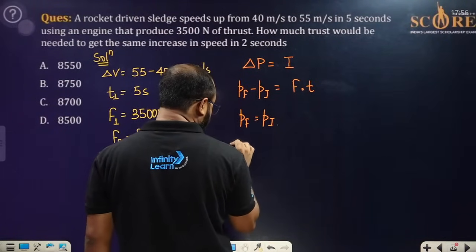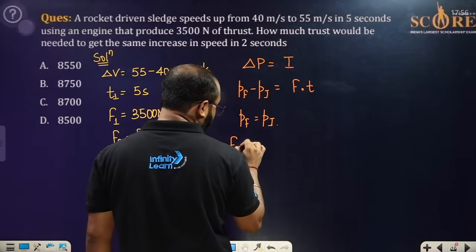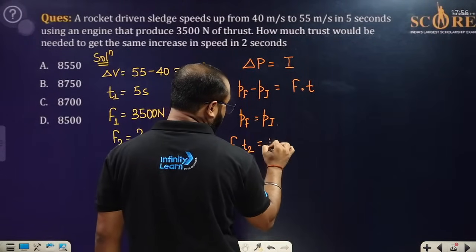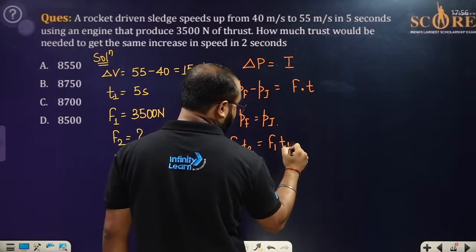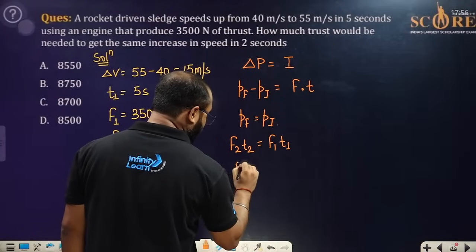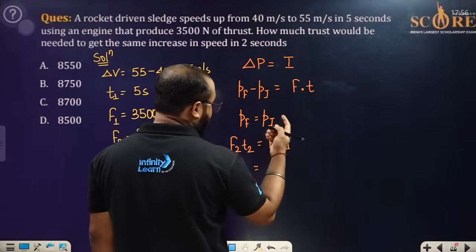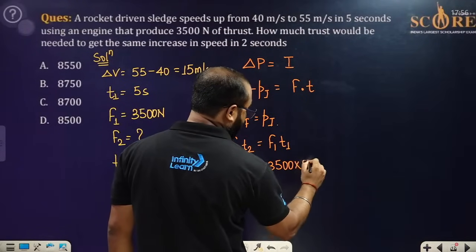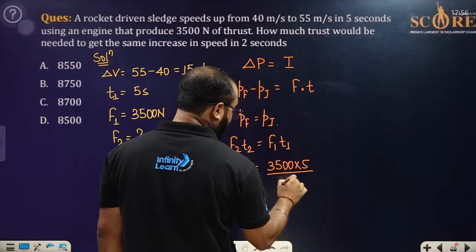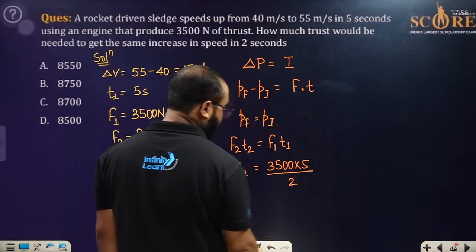In that case, F2 multiplied by T2 equals F1 multiplied by T1. We have to find F2. F1 is 3500 multiplied by 5, divided by T2, which is 2.